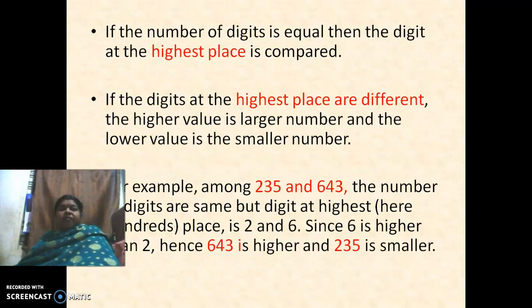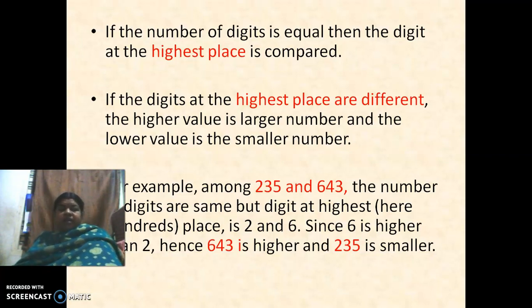Suppose the numbers of digits are equal. Then to find the greater number, we have to look at the highest place. If the highest places are different, the higher value is the larger number and the lower value is the smaller number. For example, 235 and 643.